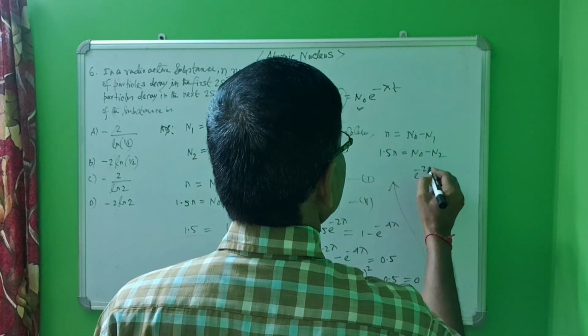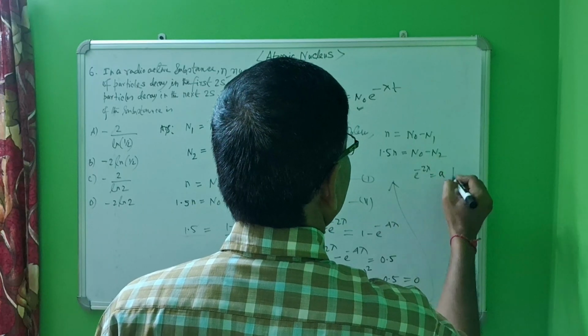We put e to the minus twice lambda equals a.